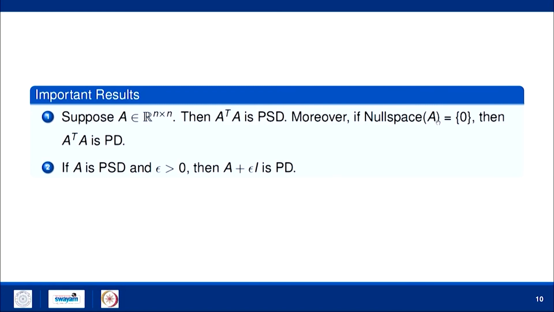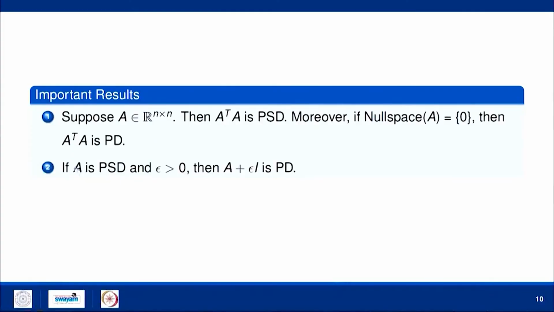Moreover, if the null space of A has only the 0 vector, then A transpose A is positive definite, which you can easily observe. If the null space has only the 0 vector, A is a full rank matrix because nullity is 0. So rank will be full, none of the eigenvalues will be 0, meaning all eigenvalues are strictly positive, hence it will be positive definite.